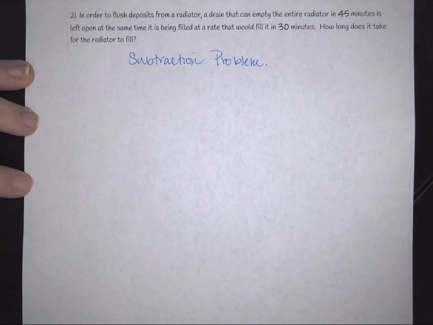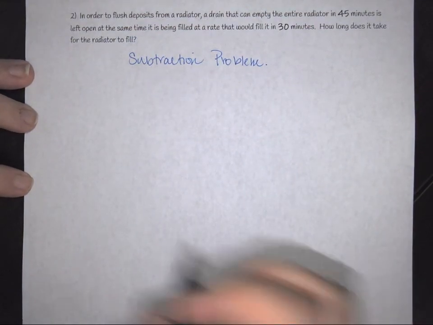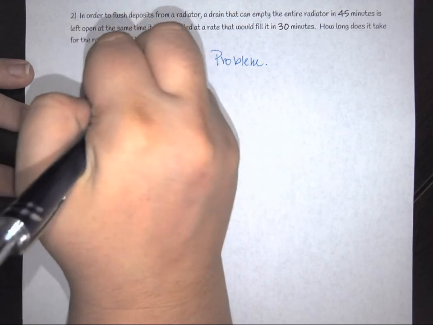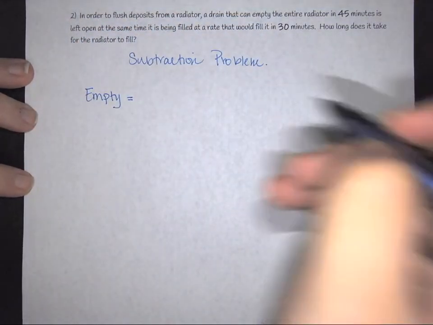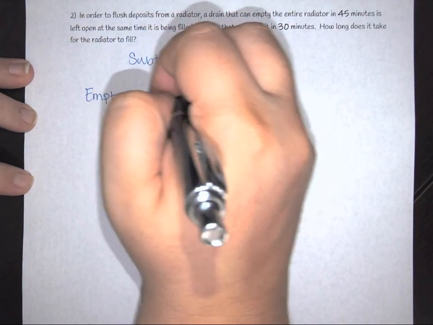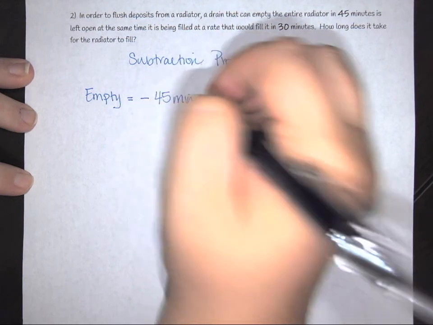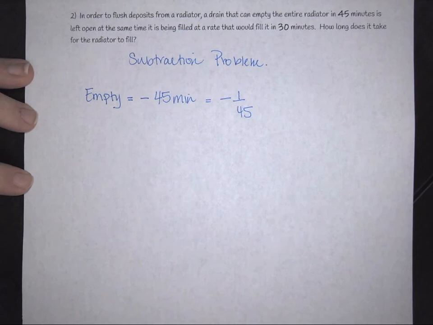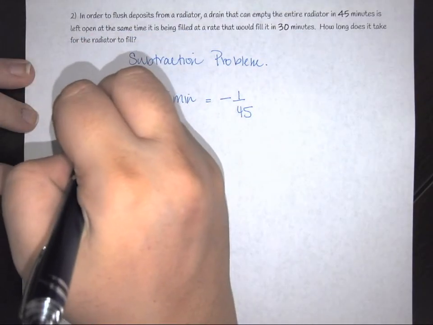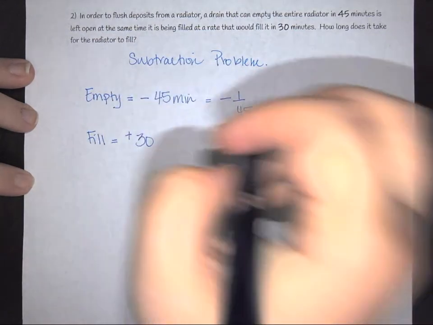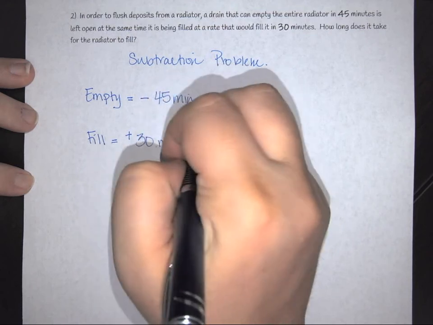So we have to look at, what do we know? Well, we know in order to empty your radiator, that's going to take 45 minutes, but emptying is like subtracting it away. So this would be the same as negative 1 over 45. In order to fill it, well, that is a positive thing going in, and it took 30 minutes.